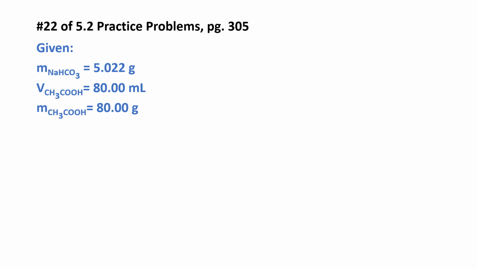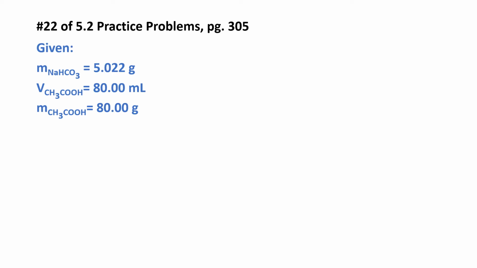Because the volume is 80.00 mL of the acetic acid, and it is a dilute solution, we are going to assume it has the same mass that water does. The density of water is 1 gram per mL. So for every mL of water, it weighs 1 gram.